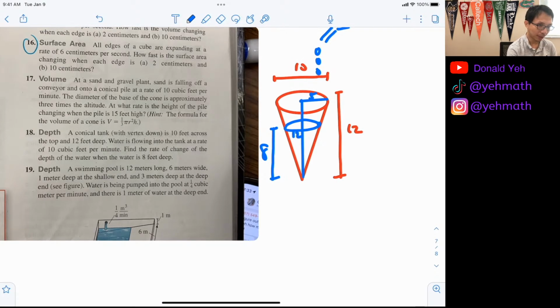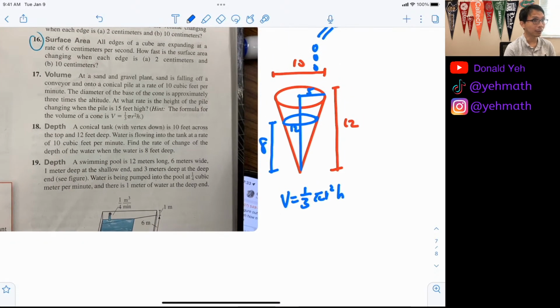Volume of a cone. Do you know what the volume of a cone is? It's 1/3 of a cylinder. If you know pi r squared h is a cylinder, it's 1/3 of that. No, 4/3 pi r cubed is a sphere. But this is 1/3 pi r squared h. Got it?